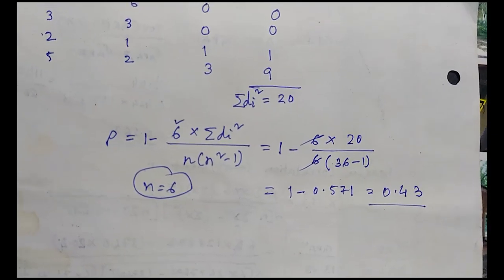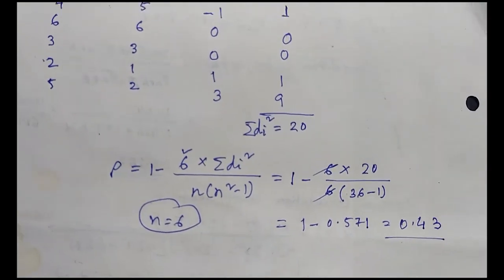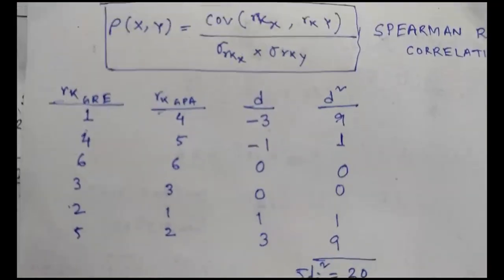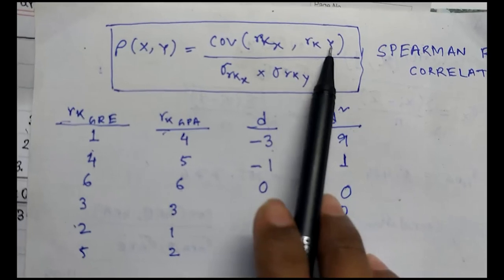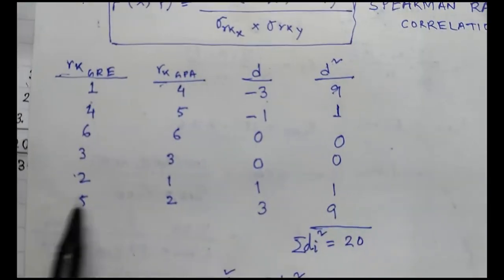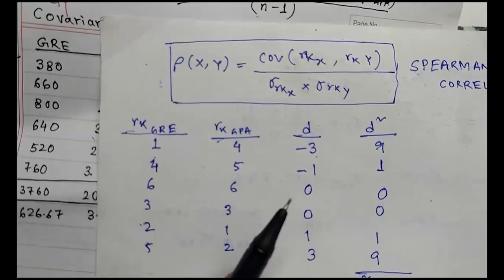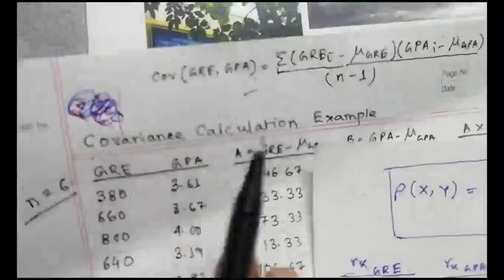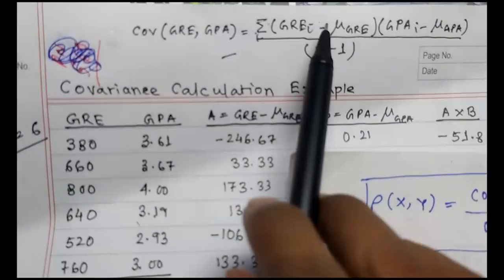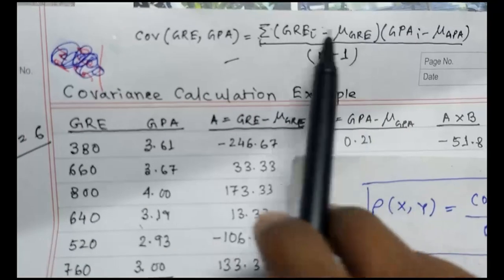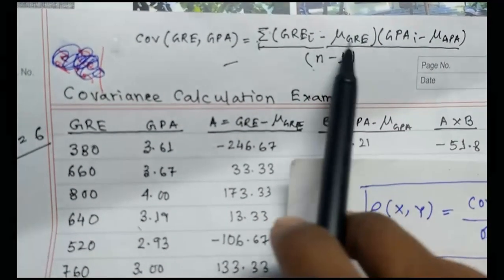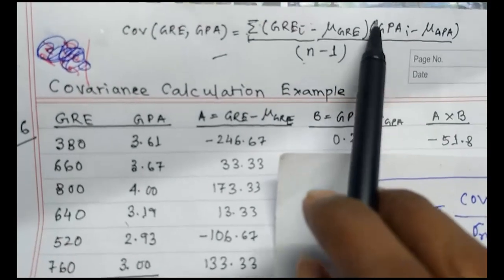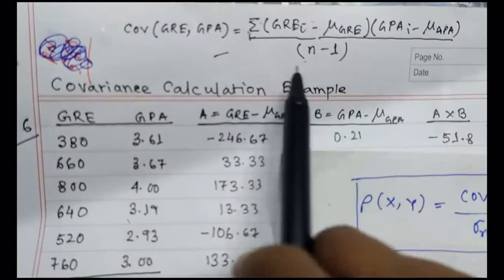GPA. If I find the rho between GRE and GPA going by the other formula, which is the covariance of rank X, rank Y, then I need to find the covariance between these two using the covariance formula. Instead of GRE and GPA, I will write the rank of GRE and GPA and the mean of the rank. Here also the rank of GPA and mu of the rank by n minus 1.